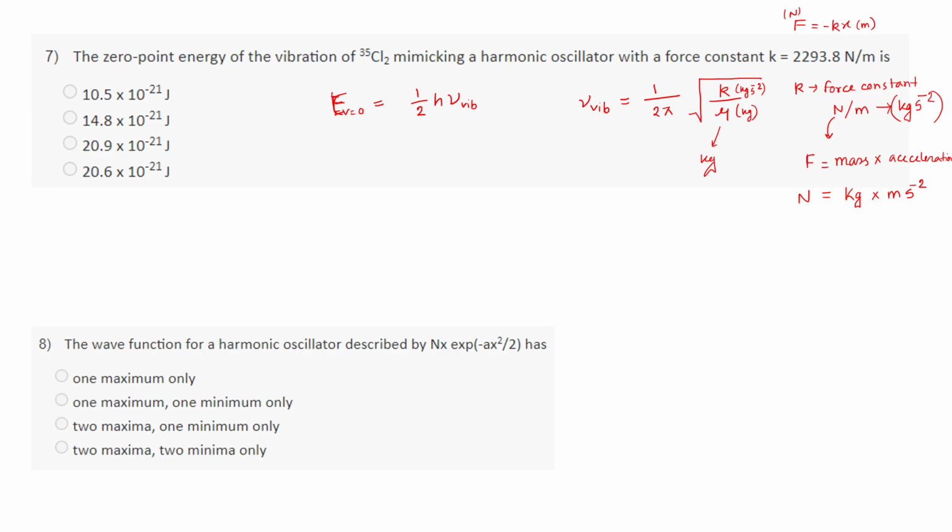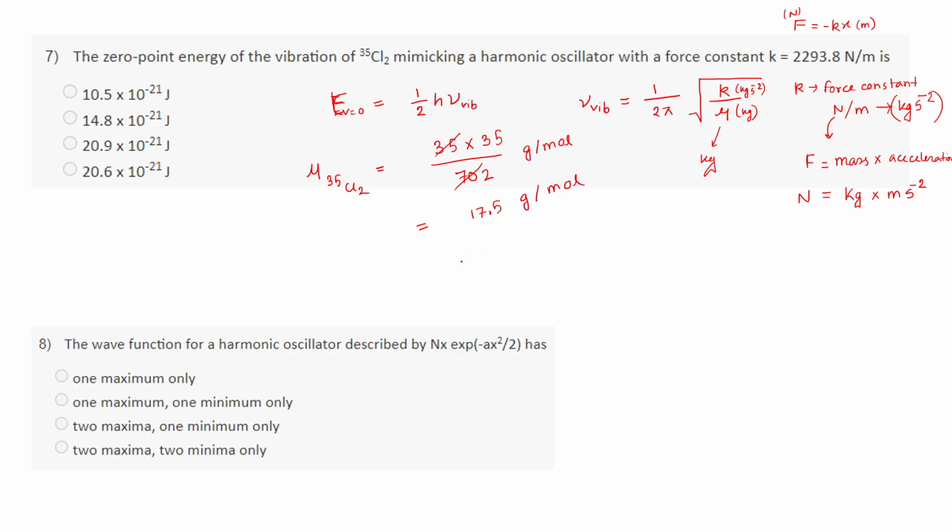Okay. So what is the reduced mass for 35Cl2? That would be 35 into 35 by 35 plus 35, that is 70. That is in AMU or gram per mole. So it is 17.5 gram per mole.